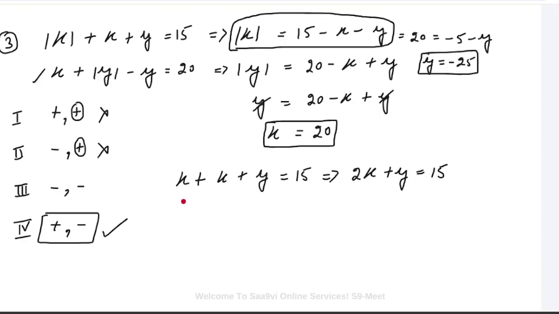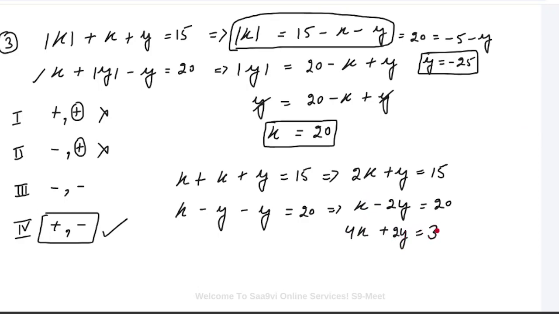So this says x minus y minus y, that is equal to 20. That means x minus 2y is equal to 20. Now, if we solve these two equations, the first equation can be rewritten as 4x plus 2y equal to 30. We just multiplied this by 2.